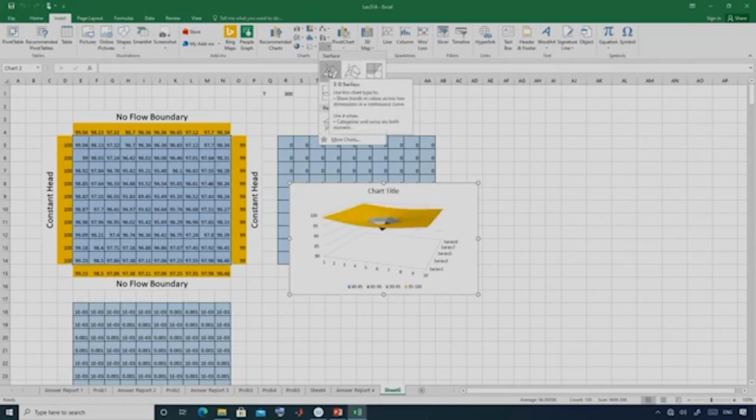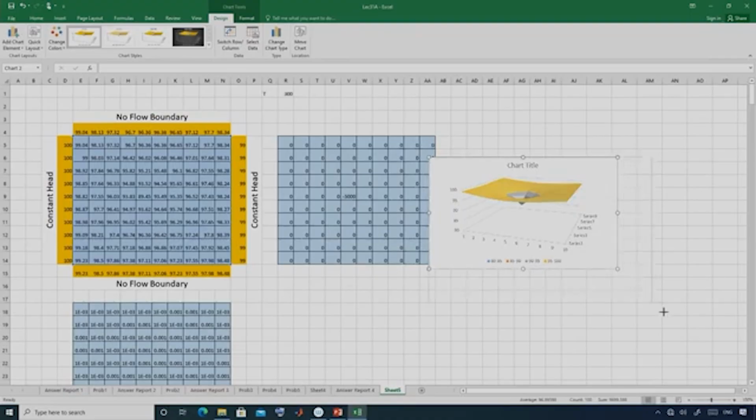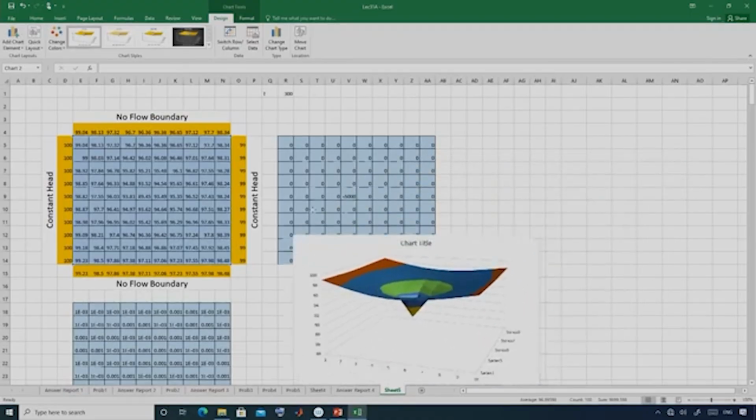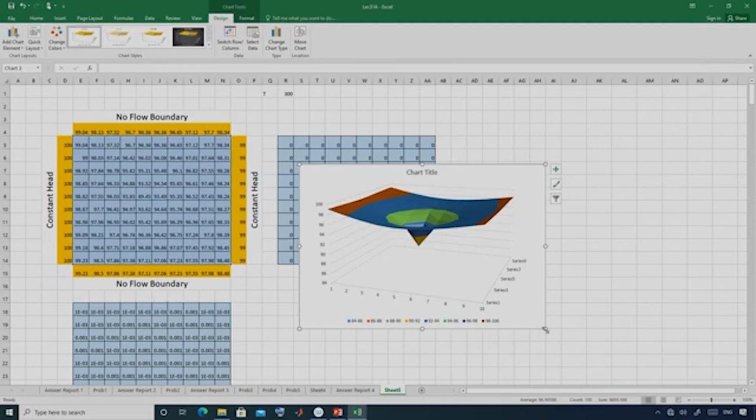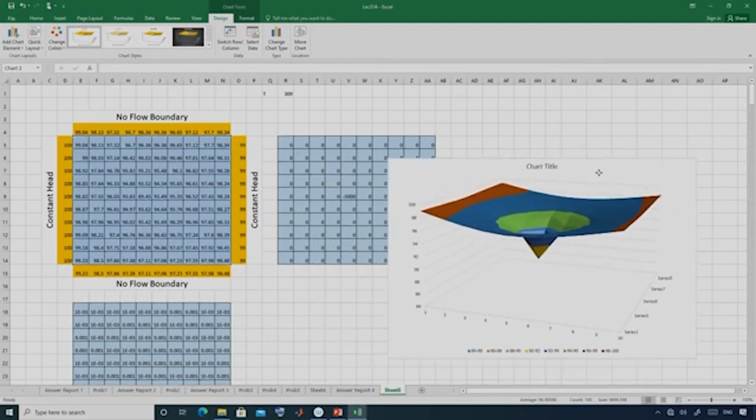Here I have extracted 5000 meter cube per day, and you can see basically that a cone of depression has occurred. So, that means I got the solution of this particular problem.